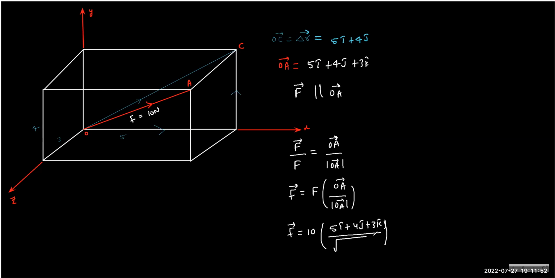And what is its modulus? Root 50, yes, sir, which is 5 root 2. 5 root 2, but we'll keep it for later. So this is 5 root 2, 10 upon 5 root 2 is a nice answer. It is root 2 times, correct?